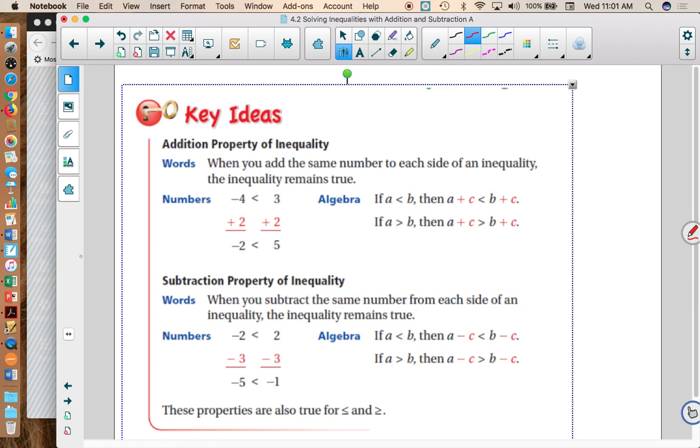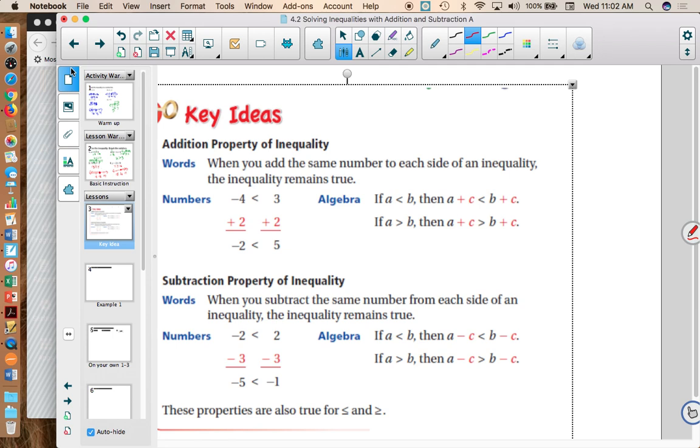We also have the subtraction property of equality, which tells you that you have to subtract from both sides. Subtraction property of inequality, exact same thing. They just added an in, not equal. Just so that you're aware, that's what we're working with.